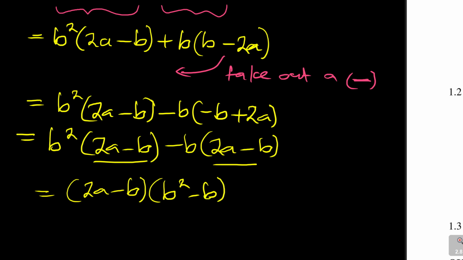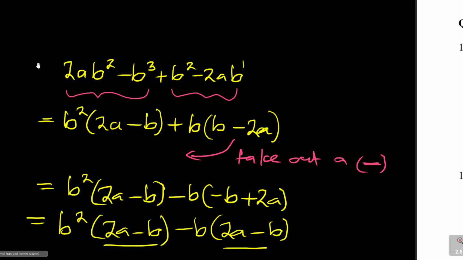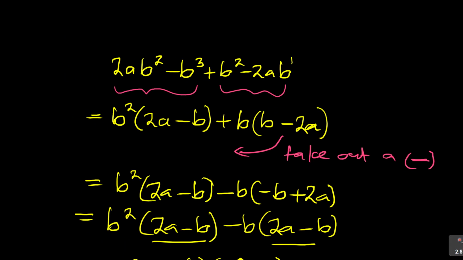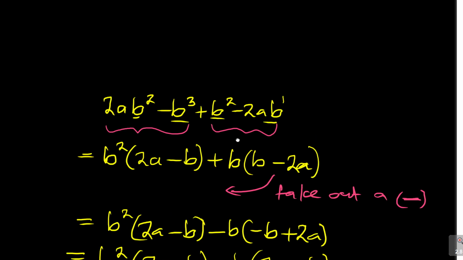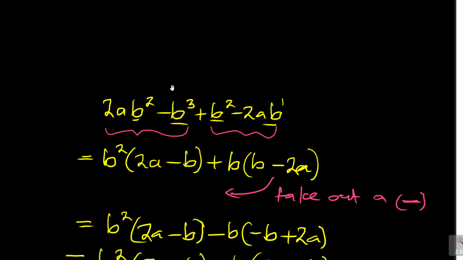But now this somehow is not done. If you can look at this from the word go, though we didn't pick it up yet, you can see that b was already common in everything. We should have taken out b. And then our answer, if we're taking out b, we're going to have something like this.